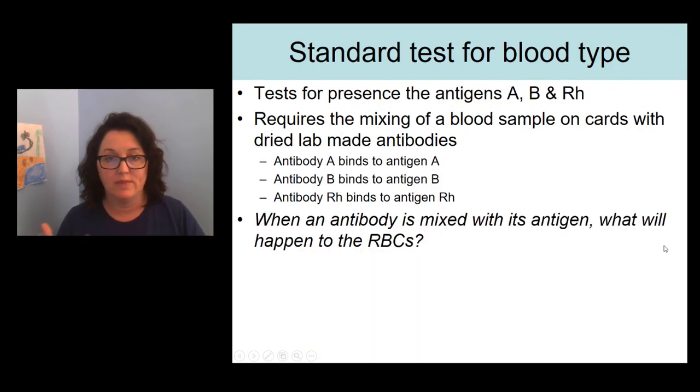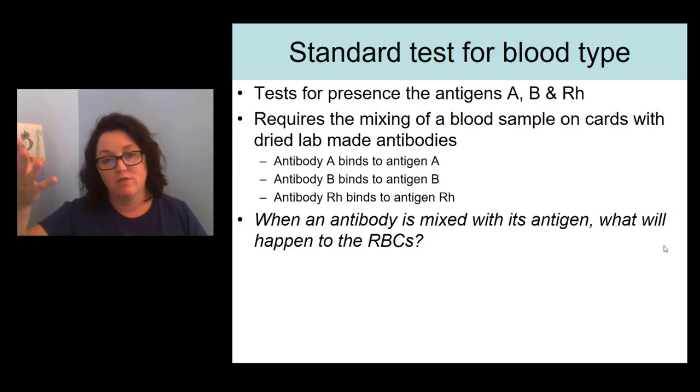So let's look at that standard test for blood typing in a little bit more detail. What you're doing is you're testing for the presence of antigens A, B, and Rh, and it requires the mixing of the blood sample on the card with some dried lab-made antibodies. So basically you have this little card, and it almost looks like a business card, and it has these little circles on it, and there's dried antibody on the little circles, right?